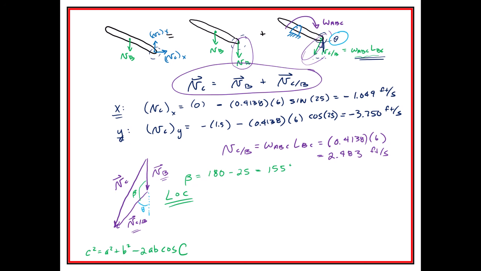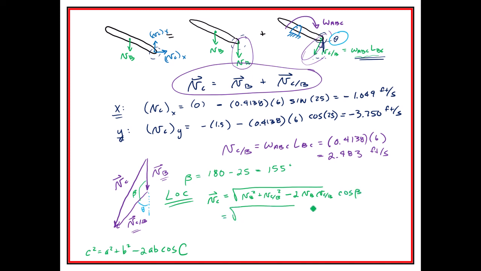Along those same lines, we could find the magnitude of the velocity of c by taking the square root of the velocity of b squared, that's one of the sides, plus the velocity of c with respect to b squared, that's the other side, minus 2 times VB times VC with respect to B times the cosine of beta.